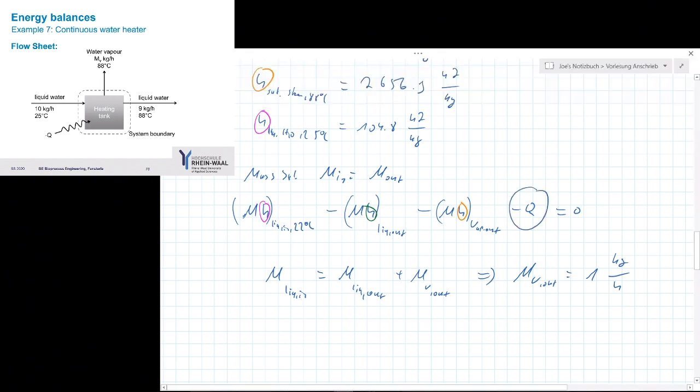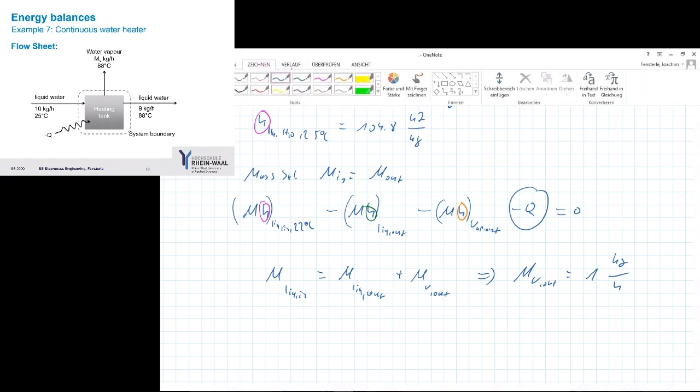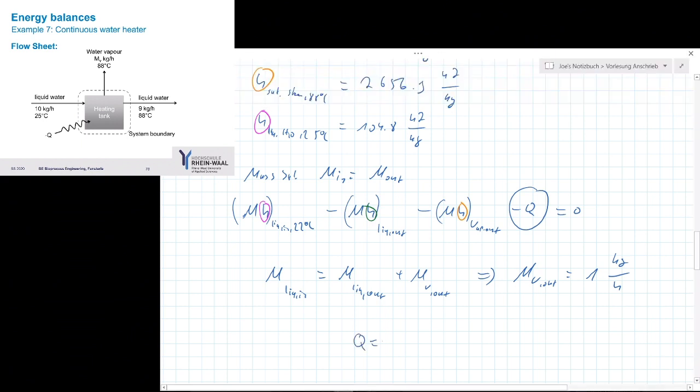So plus Q is equal to this M H liquid in at 25 degrees minus M H liquid out at, of course, 88 degrees minus M H vapor out at 88 degrees. And then if we put in the values, we get Q is equal to minus 4,925.4 kilojoule, per hour in this case, I think, but this is okay.